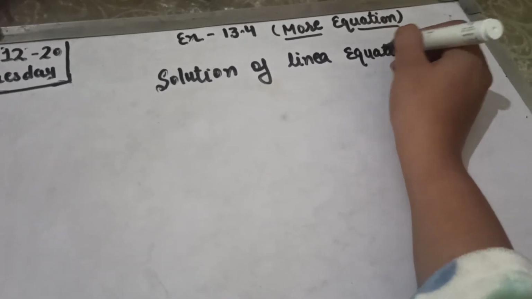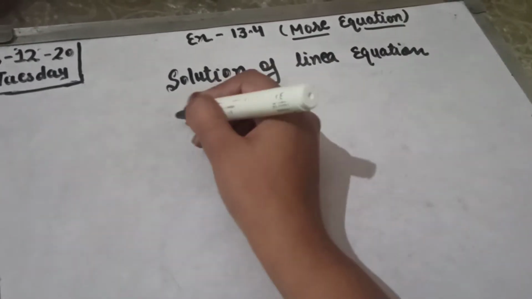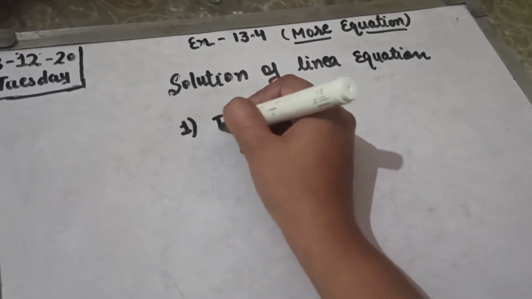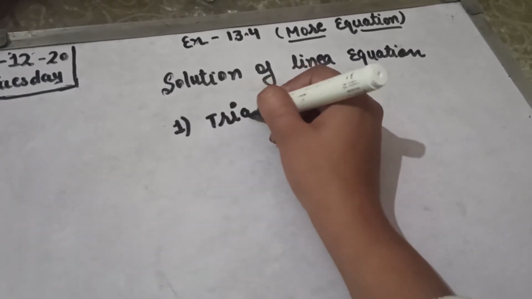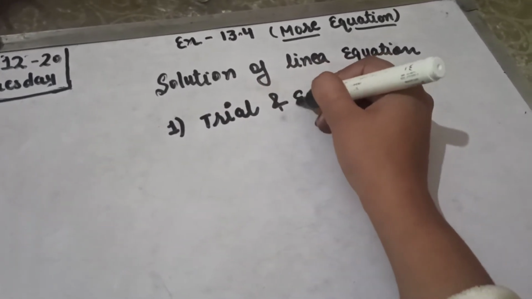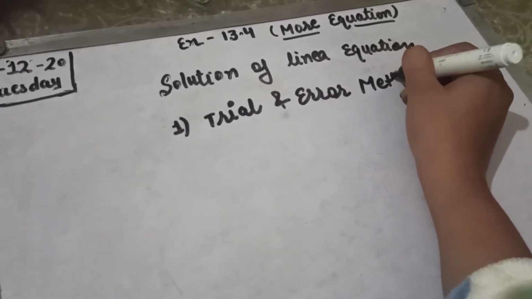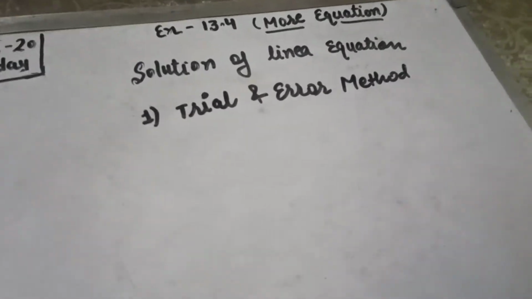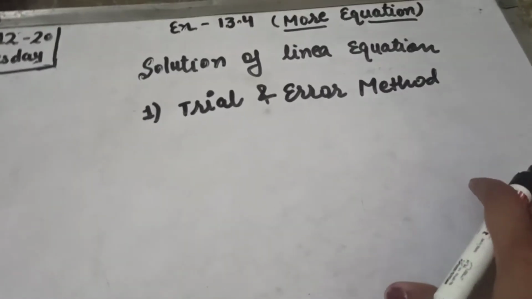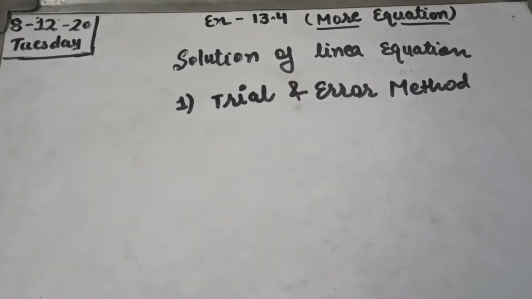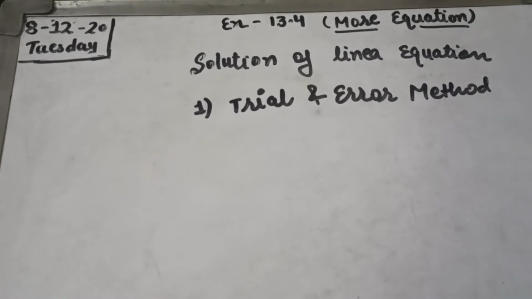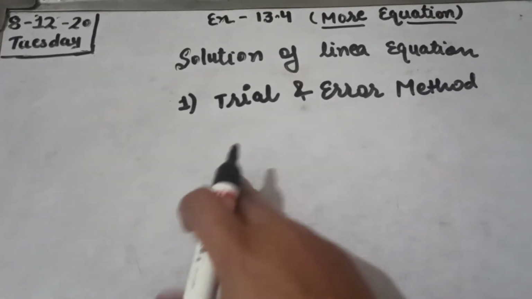And what are these three methods? First method is trial and error. What does it mean? Look students, I told you these methods in the previous lecture also, and once again we are revising this.